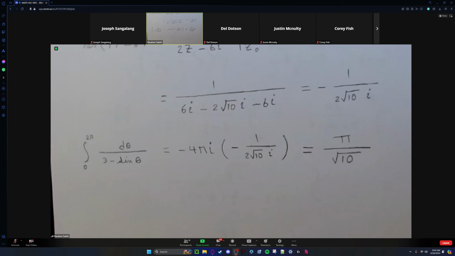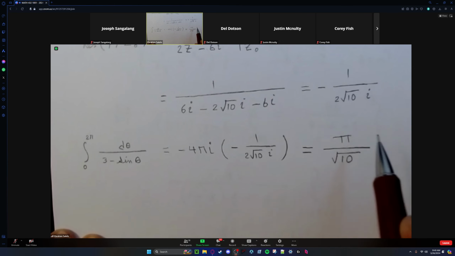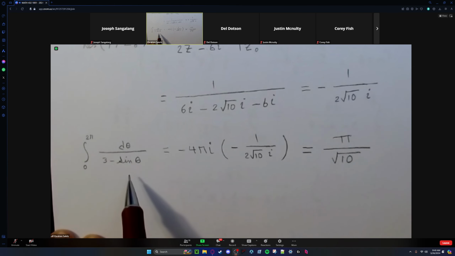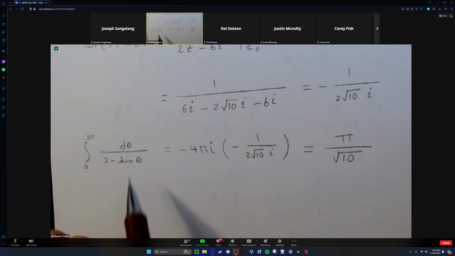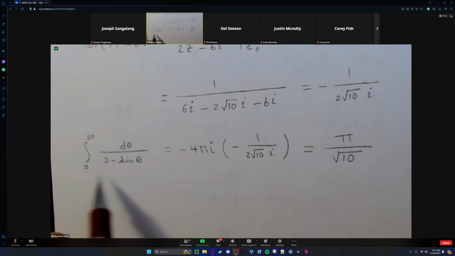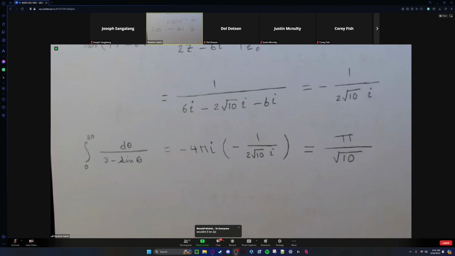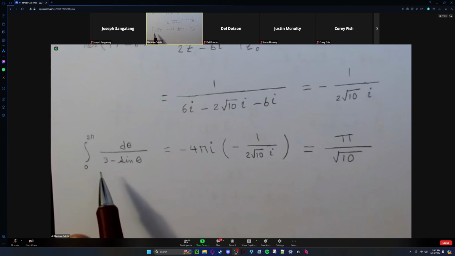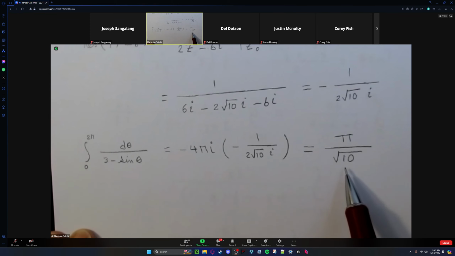Can you believe this? We found a value for this very interesting integral. We only knew that the integral makes sense, but what was its value? We didn't know. Now we found a value for it. That is the beauty of the residue theorem.